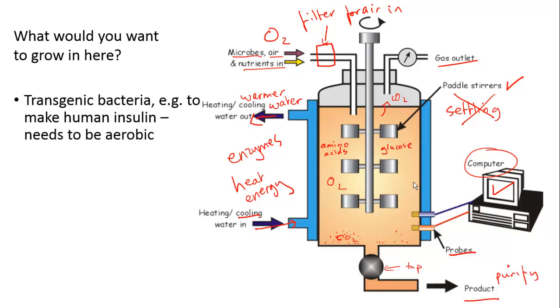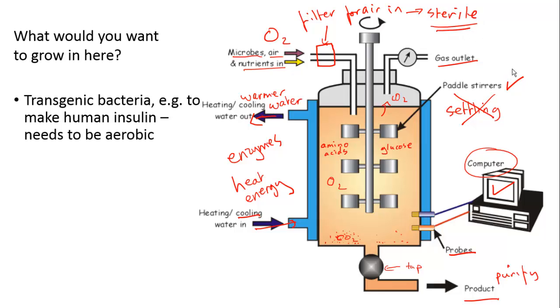Now, of course, that's not just perfect for our transgenic bacteria to grow as we want them to, but it's also perfect for any other microbe to grow. And so we've got to make sure those things don't get in there. So we filter the air in, and that will keep the conditions sterile.